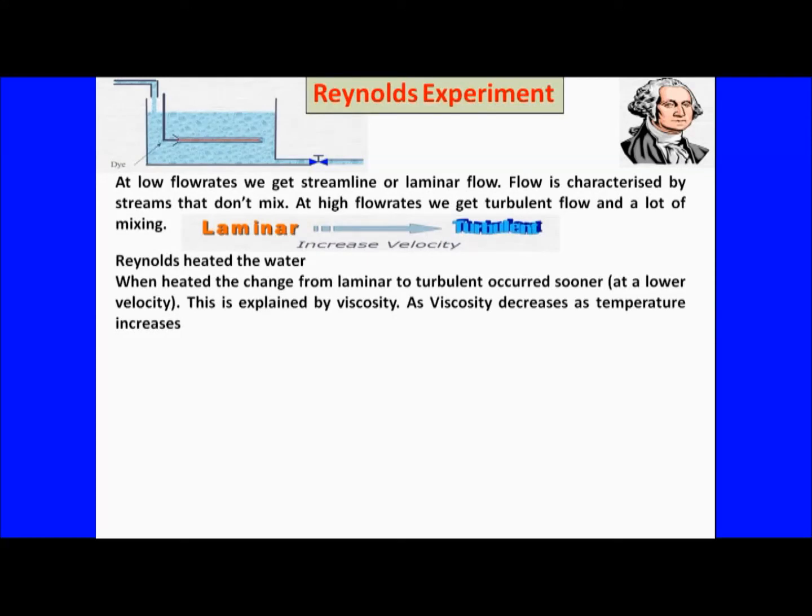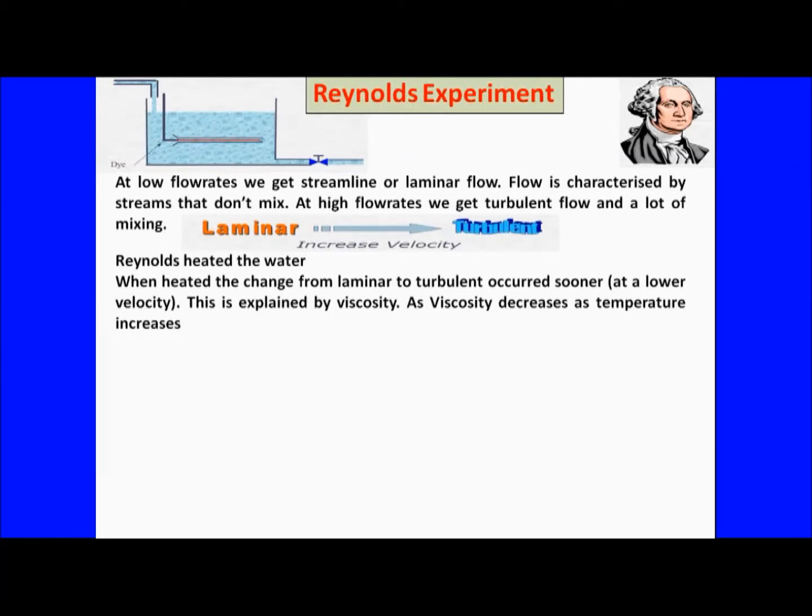Next, Reynolds heated the water. Upon heating the water, he found that the change from the laminar to the turbulent occurs sooner. Means the flow, which earlier was laminar, afterwards becomes turbulent, meaning the dye mixes with the water.